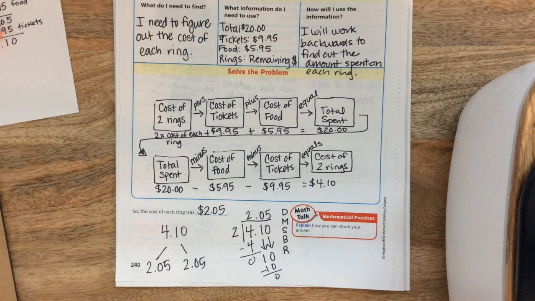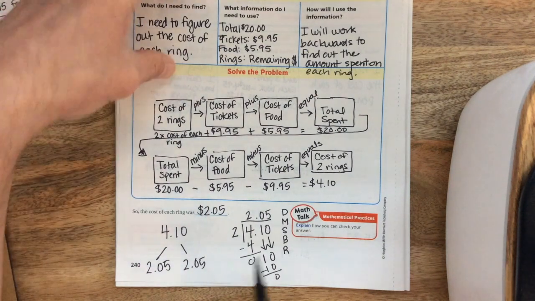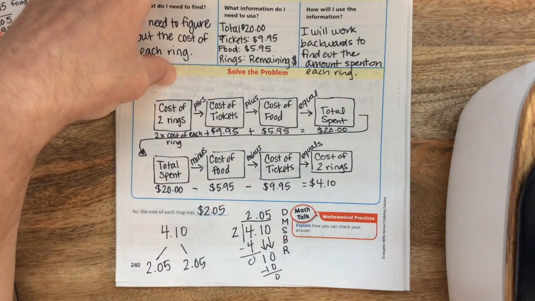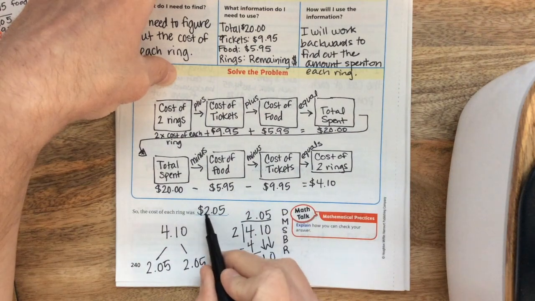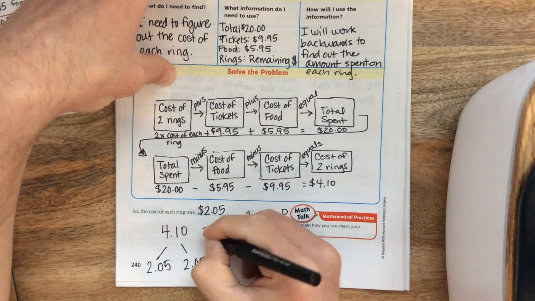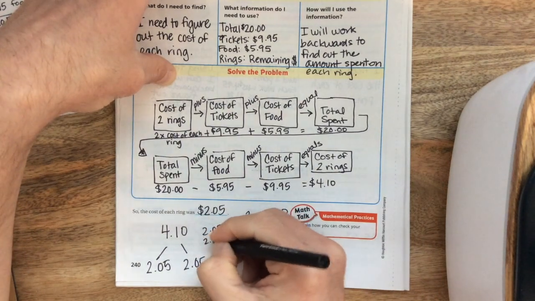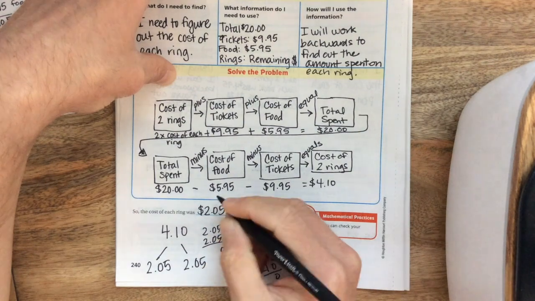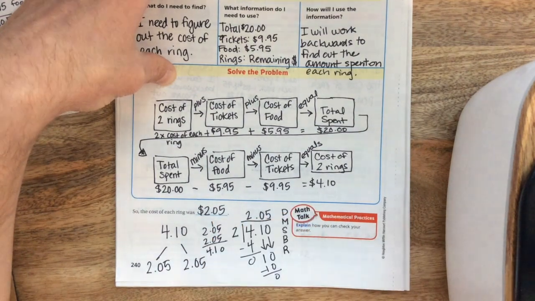To check our answer, same thing. We can just add up. Well, to check our division for this, we would multiply $2.05 times 2, and we need to get $4.10. I would actually just add it in this instance to confirm that.